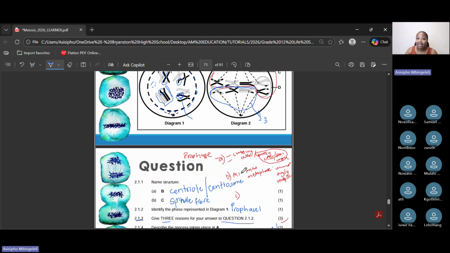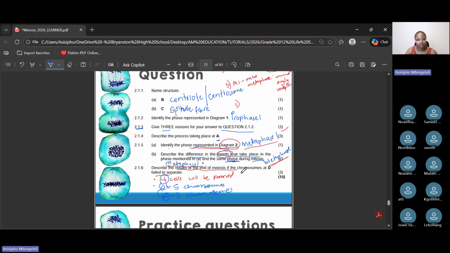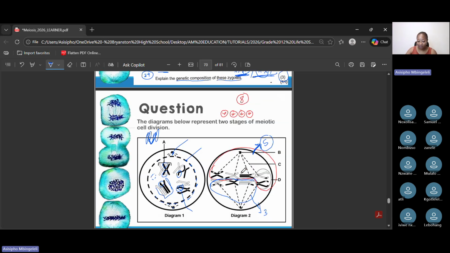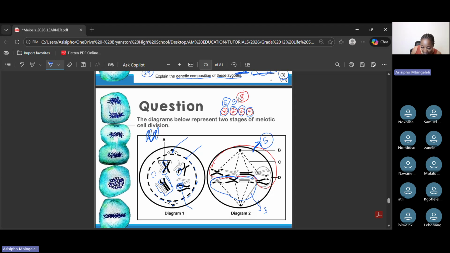Now you have to apply the number of chromosomes that you are given. If what we had was a parent cell having 8 chromosomes, this is what we're supposed to get in terms of the chromosome number of the cells. But due to non-disjunction, 2 cells are going to have extra chromosomes and the other 2 cells are going to be 1 chromosome short.